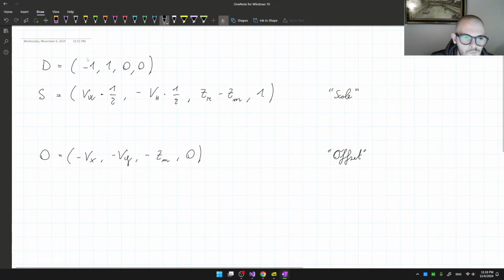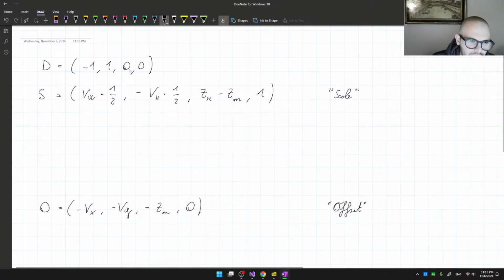Basically, the scale: this is the view width divided by 2. If I take the reciprocal, it would be 1 divided by the view width divided by 2, which is 2 divided by the view width.